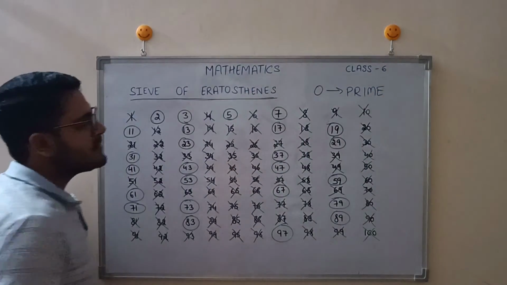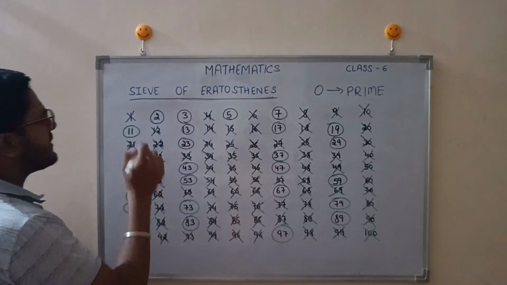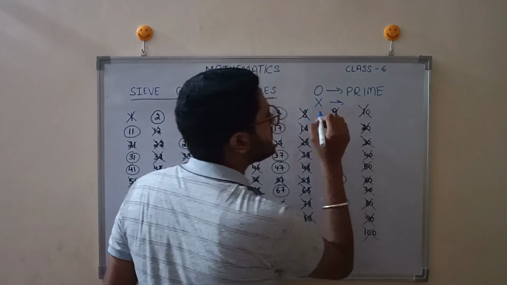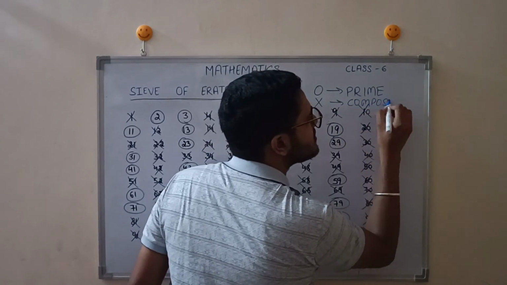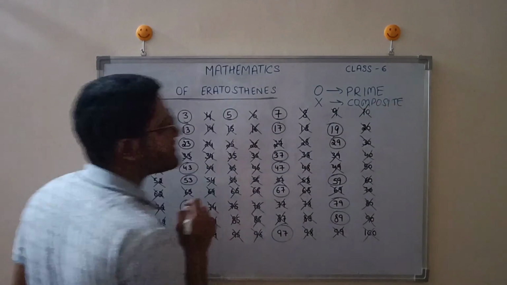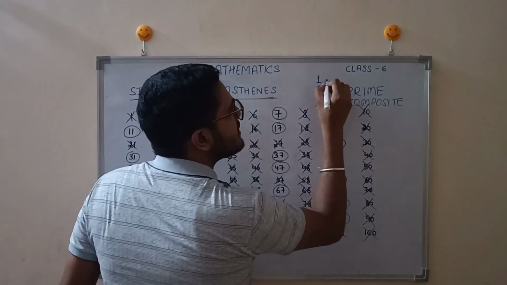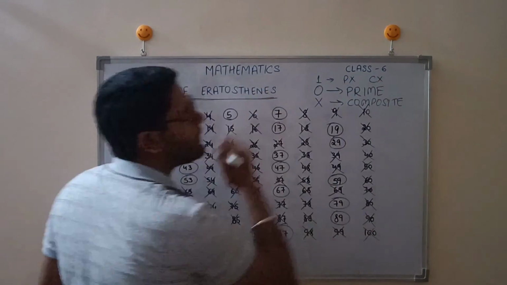And all the numbers that are crossed out, except number 1, are composite numbers. And we all know the number 1 is neither prime nor composite.